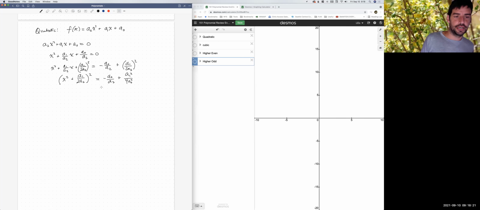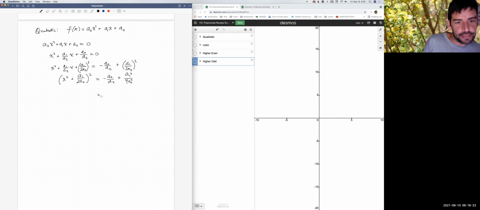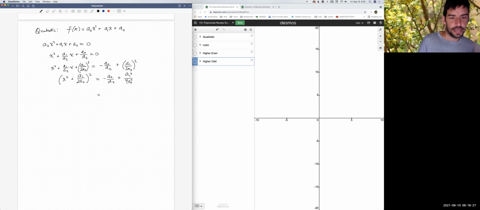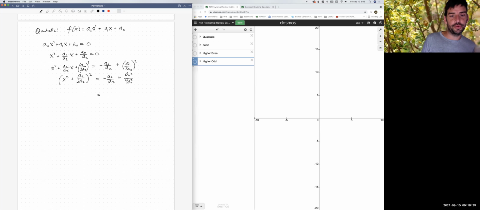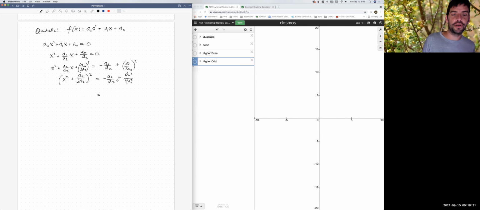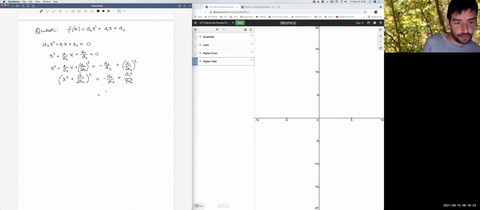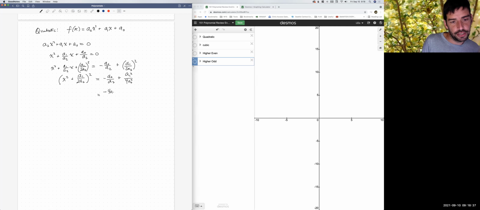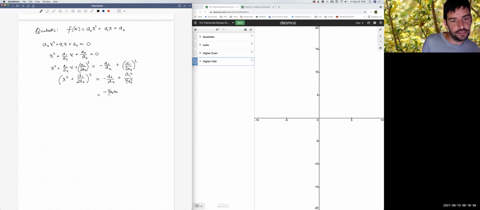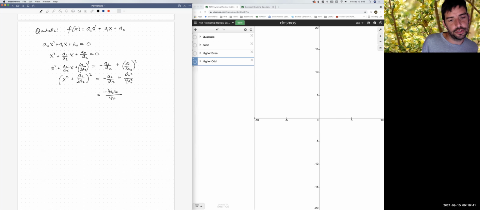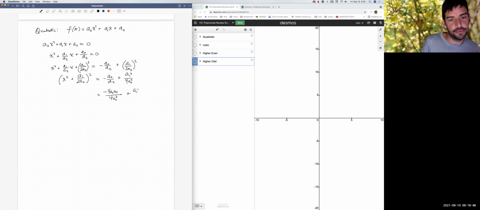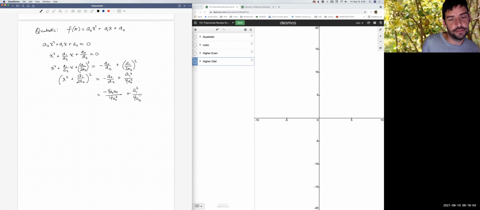Let's continue to work on that right-hand side for a moment. So I want a common denominator. And I see that we've got an a2 and a 4a2 squared. So if I multiply that first one by 4a2, I'll get minus 4 a2 a naught over 4 a2 squared plus a1 squared over 4 a2 squared.